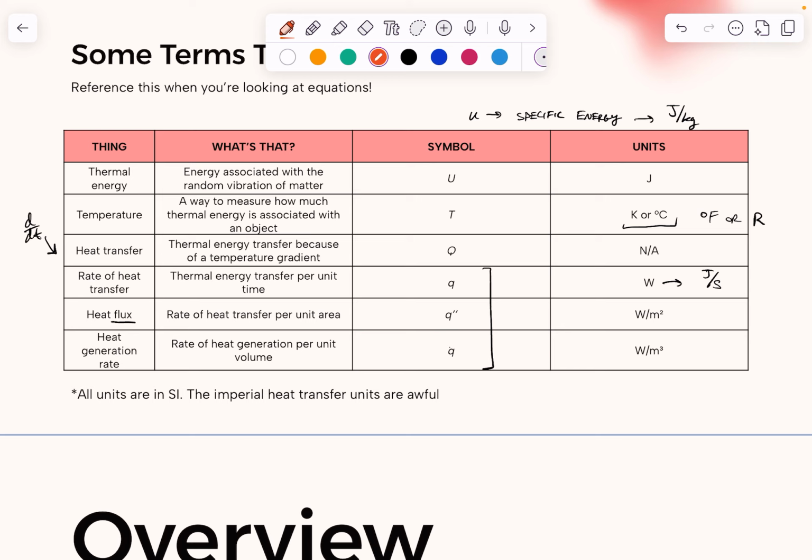Or if you were to consider something like an oven or a stove inside of another control volume, a reference volume, we'd consider that it's generating heat. The stove is generating heat. It's got a heat generation rate.